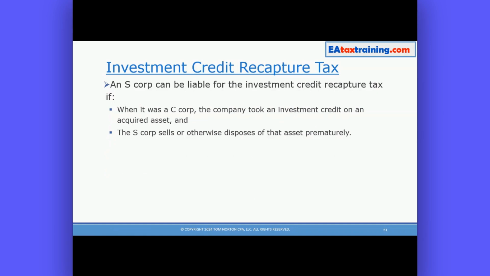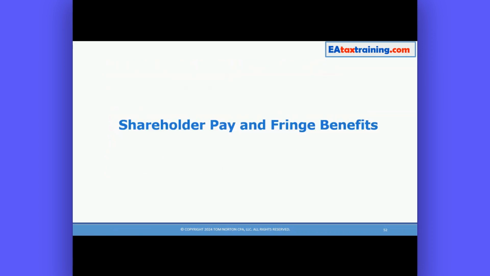So just know for the exam that if they have an asset that they took the investment credit for when they were a C corp, and then they sell it prematurely once they become an S corp, they will have to pay the 21% tax on the gain. That is the investment credit recapture tax.